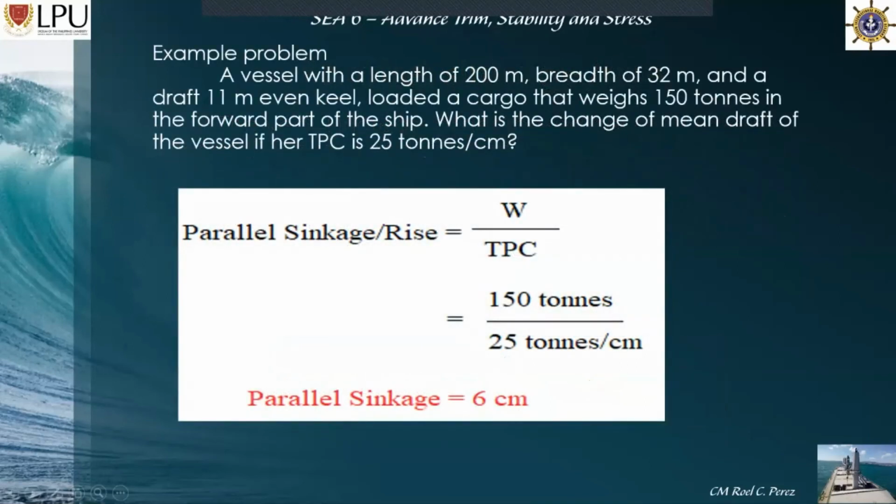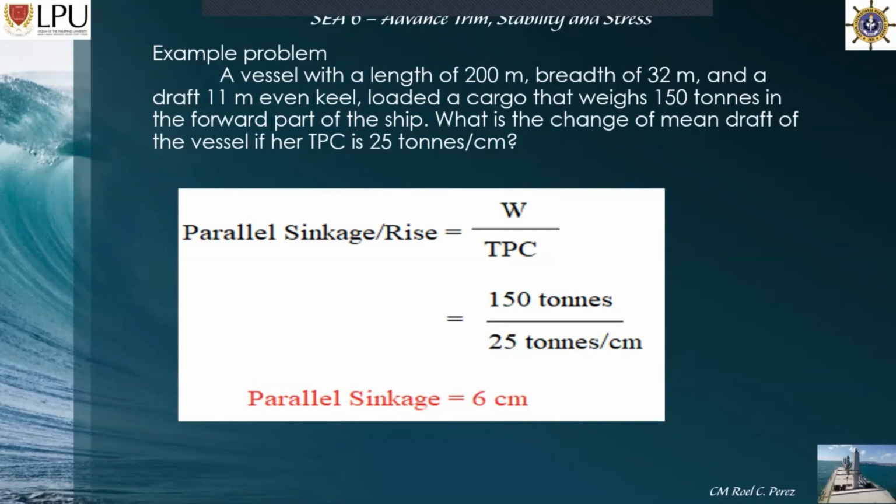Okay, example problem. A vessel with a length of 200 meters, beam of 32 meters, and draft of 11 meters, even keel, no? Loaded a cargo that weighs 150 tons in the forward part of the ship.